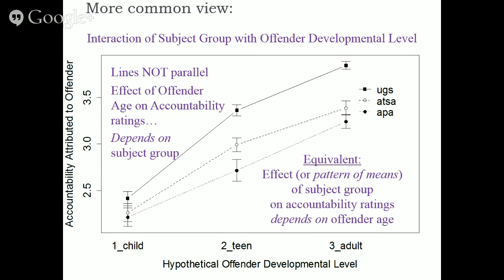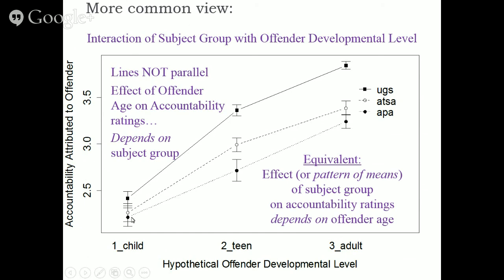You could rephrase this, flipping the two independent variables around, reversing their position, and it's also a reasonable interpretation. The effect of subject group, the pattern of mean differences in accountability for different subject groups, depends on offender age.